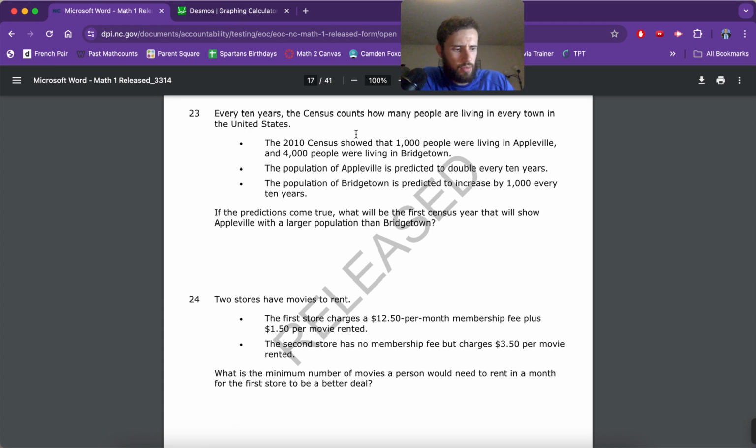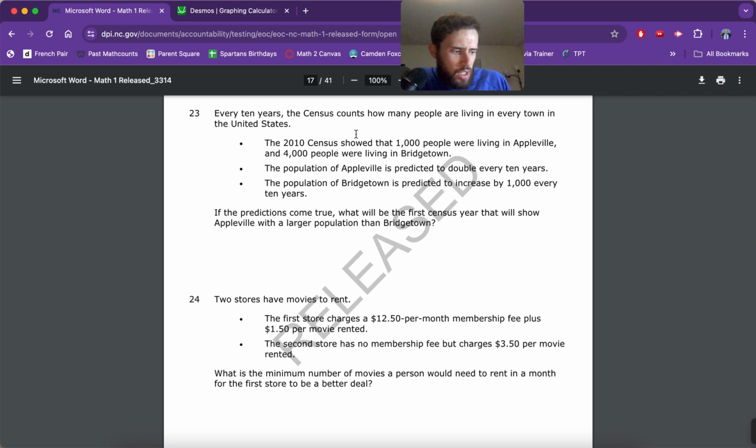So what would be the first year that Appleville will be larger than Bridgetown? Let's do it. It started in 2010. In 2010, Appleville was 1,000 and Bridgetown was 4,000. Appleville is doubling every 10 years.